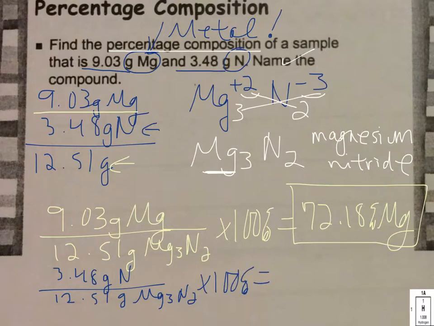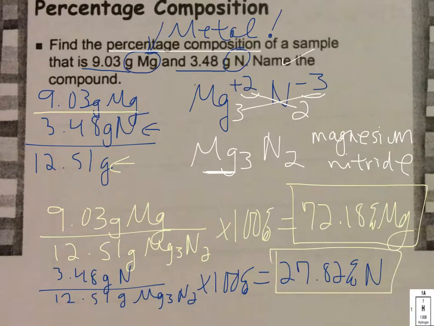Calculate it. Punch it in. It shouldn't take that long. All right? So once you do that, we should get 27.82% of nitrogen. So those are the answers. That is our percent composition for this compound.